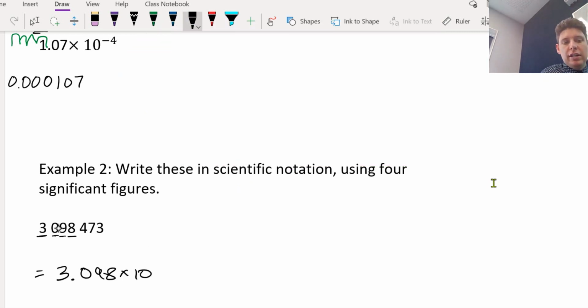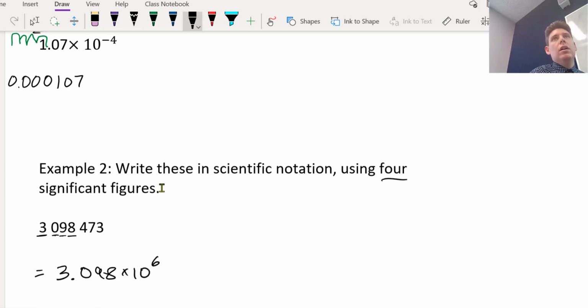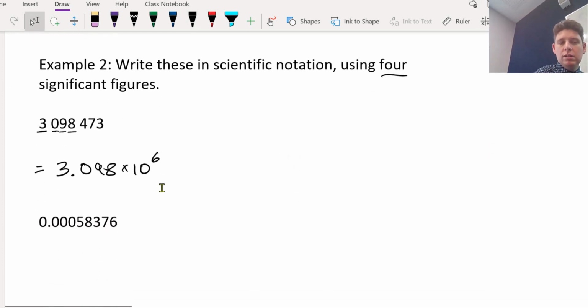Times 10 to the, how many after the 3 are there? 1, 2, 3, 4, 5, 6. So there were 6 numbers after the 3, and we only kept 4 of the digits because it asked for 4 significant figures.